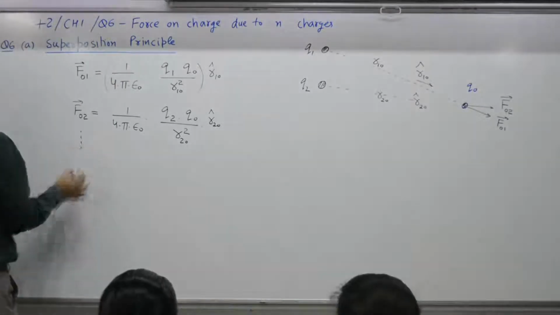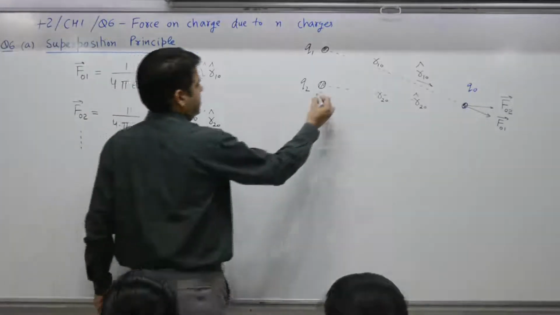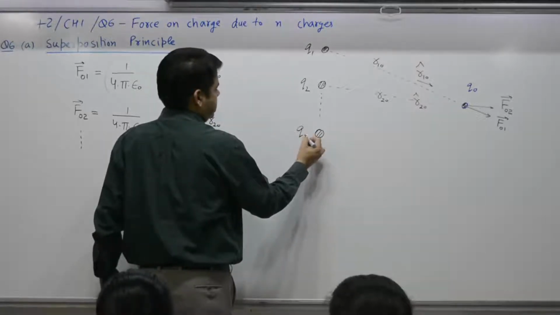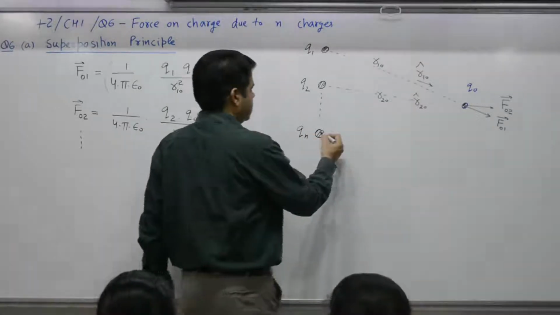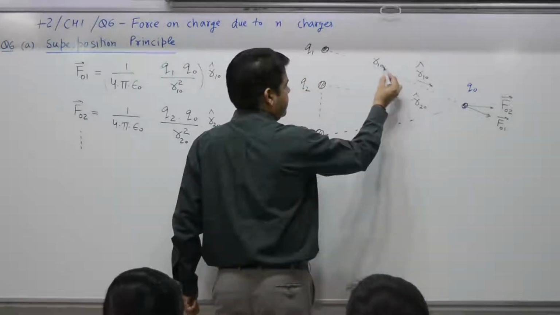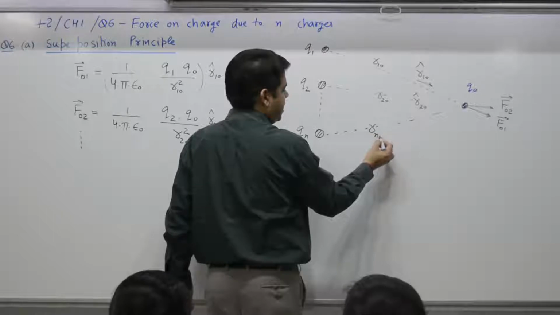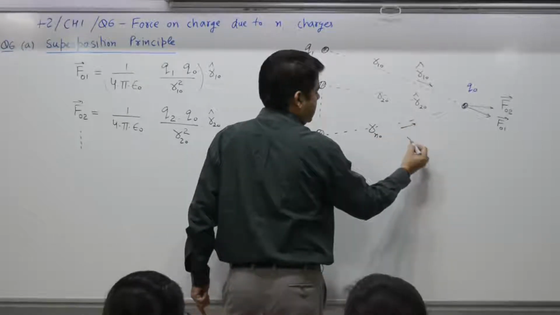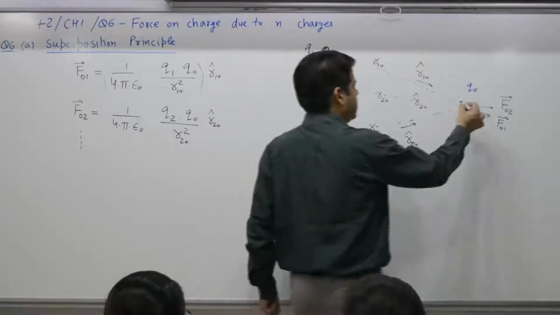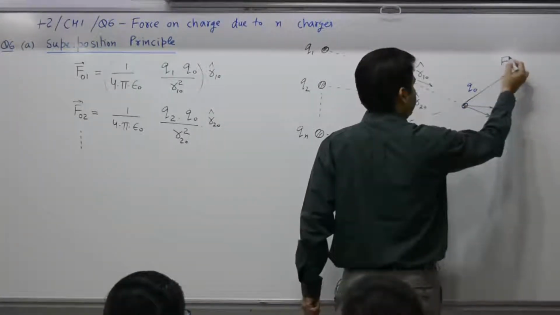Similarly, if you have n charges, this charge is Qn. This distance was 1 naught, this is 2 naught, this is n naught. This direction is Rn naught. So this is the force on naught due to n.